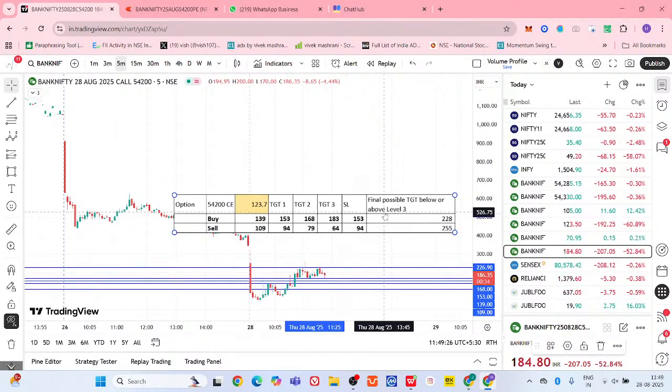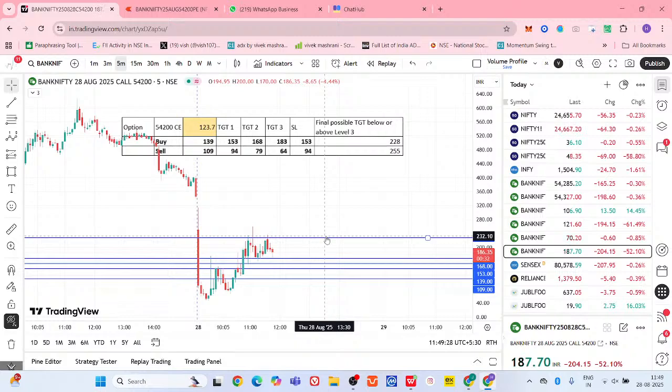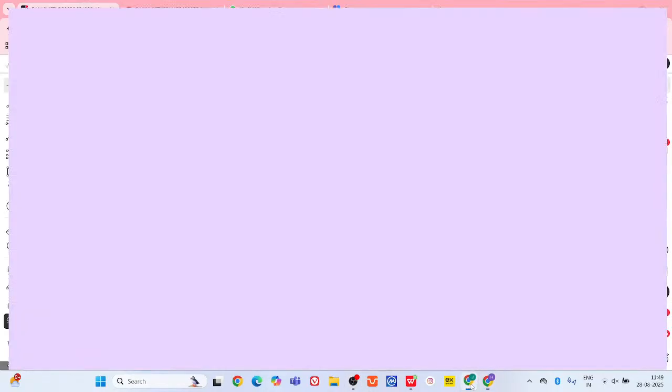So maybe it will pull back to these levels and then go back. So we'll see. It's there in the channel. If no coherence, then I'll close in another 5 minutes.